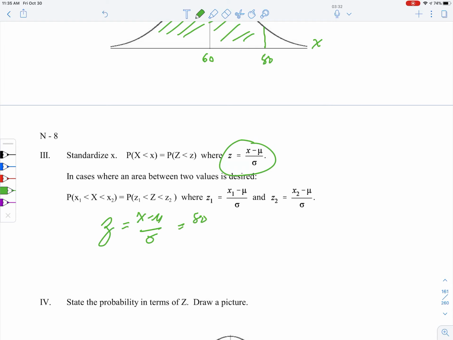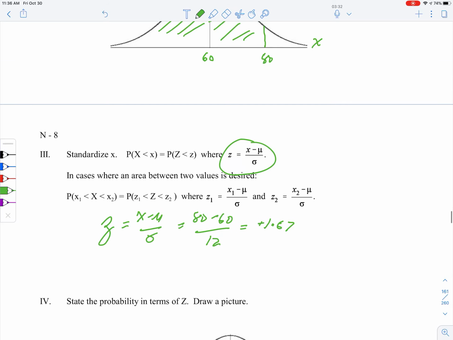So that's going to be 80 minus 60, which is the mean, divided by 12, which is our standard deviation, is positive 1.67. And you can take that to 2 decimal places because the table takes it to 2 decimal places. Okay, so that is step number 3.